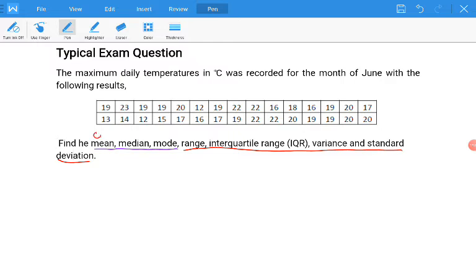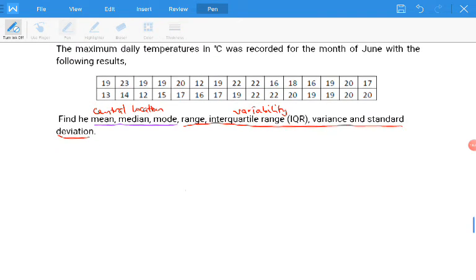So these are central location, and these ones are measures of variability. We will look at the measures of variability after discussing the measures of central tendency for grouped data. So let's just solve this typical exam question.